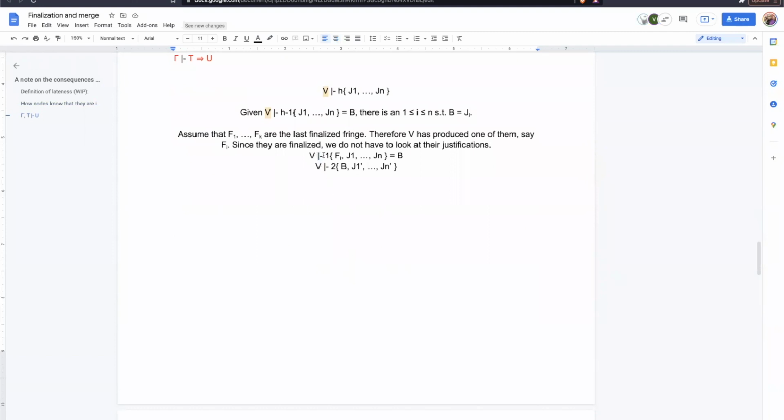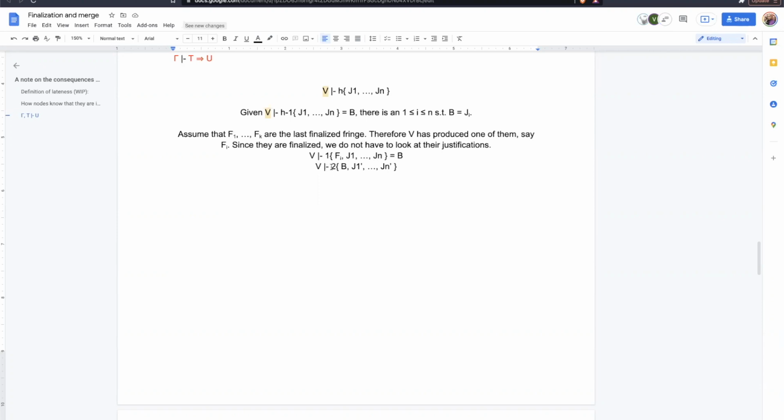V thinks that at height 1, the block at height 1 is justified by Fi and J1 through Jn.